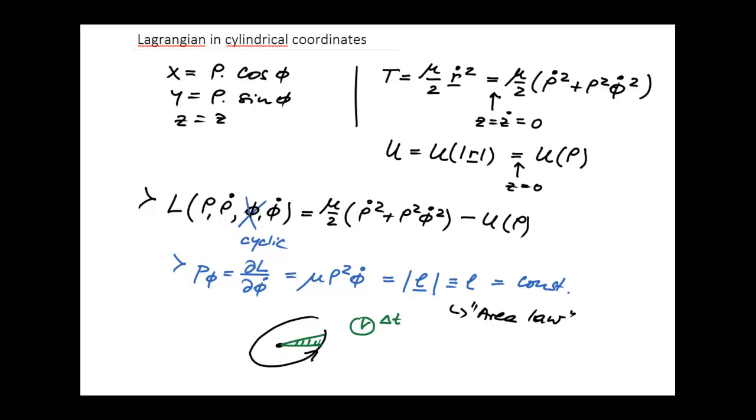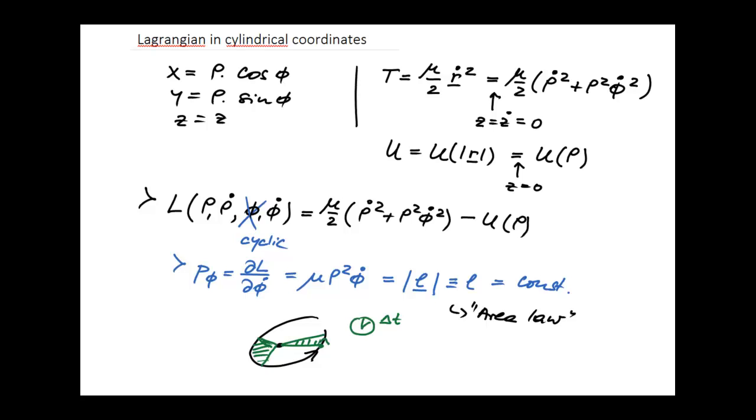So when the body moves from here to here, in a certain time delta t, the ray connecting the body to the center of the potential covers a certain area, this green shaded area. If the body is here, and again after some time delta t, the ray covers that area, and these two areas are identical. The ray always, in a given time interval, covers a constant area.